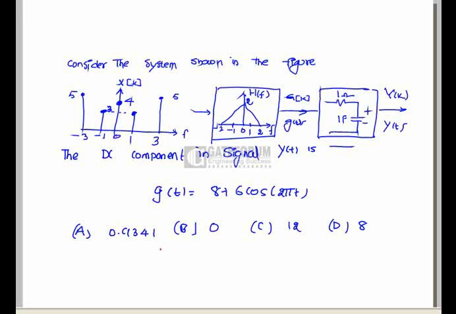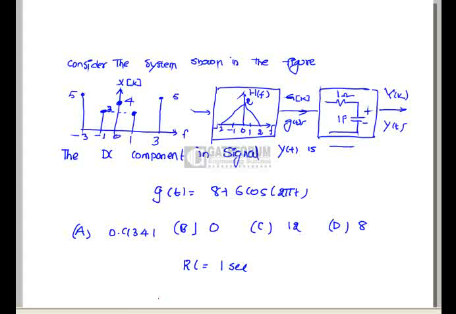Question is, consider the system shown in the figure. Find the DC component of signal y of t. Means we have to find out the DC component present in the signal y of t. Here g of t is given as 8 plus 6 cos of 2 pi t. We are applying the g of t to the low pass filter whose time constant equals to 1 second, that is RC equals to 1 second.